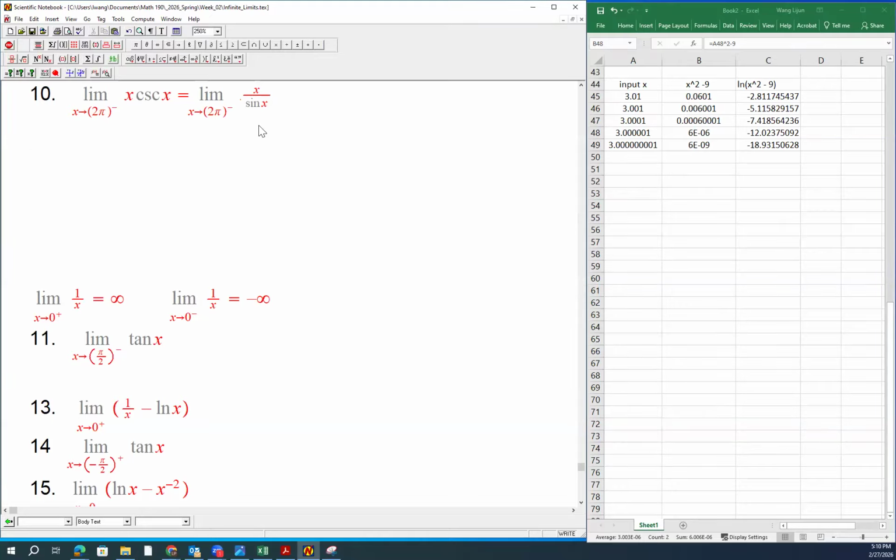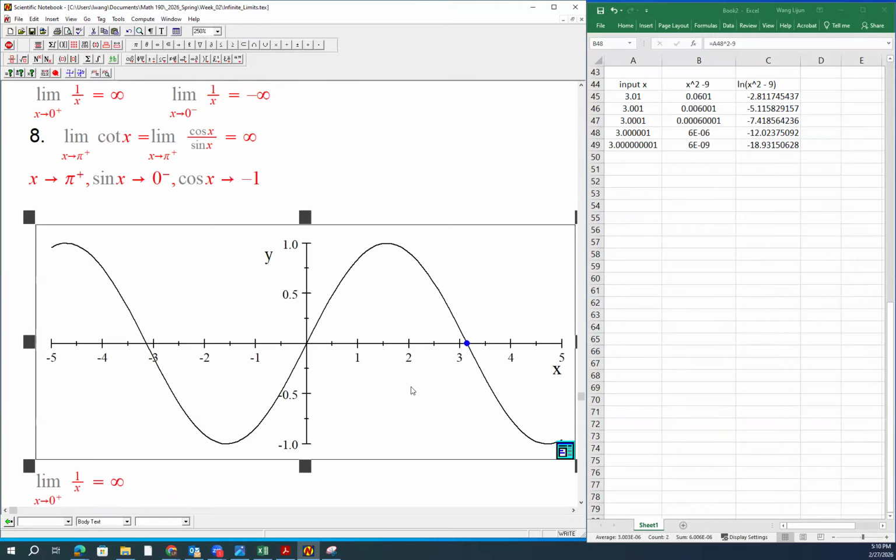When x approaches 2 pi, sine 2 pi is going to be approaching 0. We just have to figure out whether it is approaching 0 from larger or smaller. The numerator x is approaching a constant, which is 2 pi. So let's bring our sine function with us again.